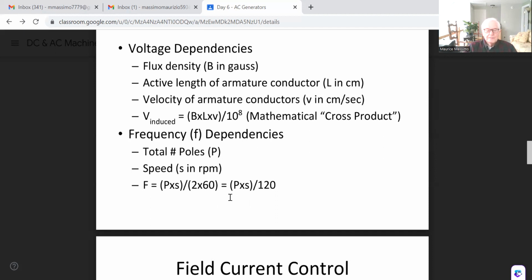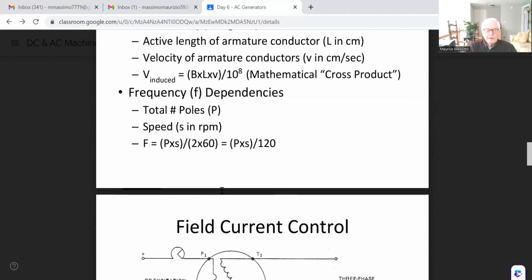So we've got that equation there. Our frequency is normally in hertz, cycles per second.